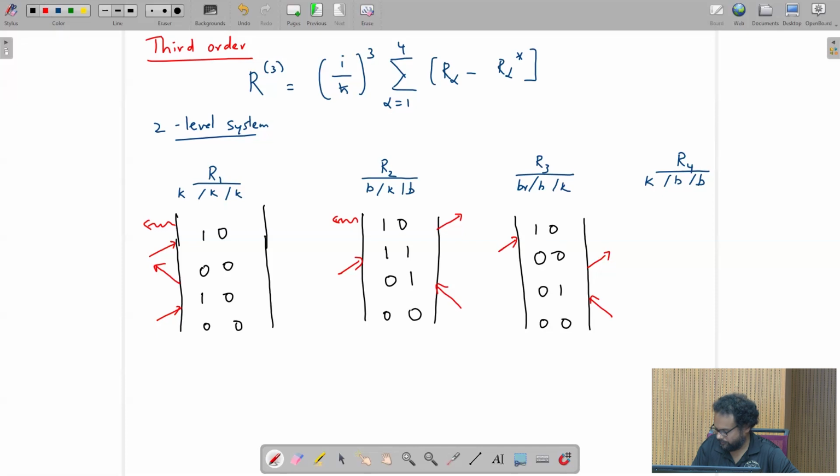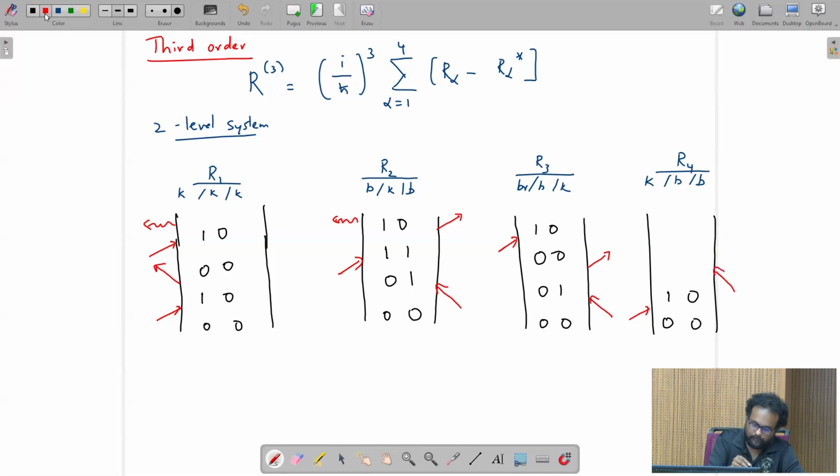Okay, finally R4. Come from cat this time. 1, 0. Bra. You again go through a population here. Again bra. 1, 0. And that's left.